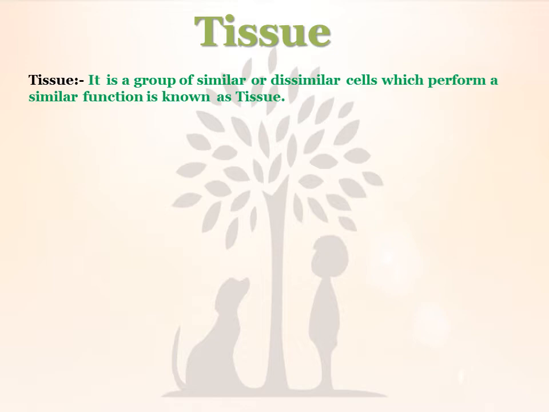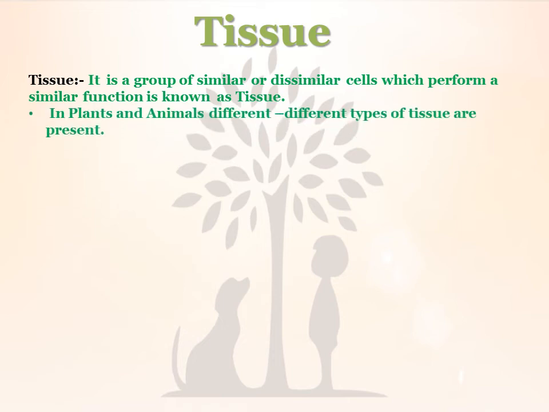As we have already studied in our previous video, the cell is the structural and functional unit of life. Now we discuss in this lecture the group of cells, that is tissue. It may be a group of similar cells or a group of dissimilar cells, but which perform a similar function is known as tissue. In plants and animals, different types of tissue are present, which we will discuss in this chapter.